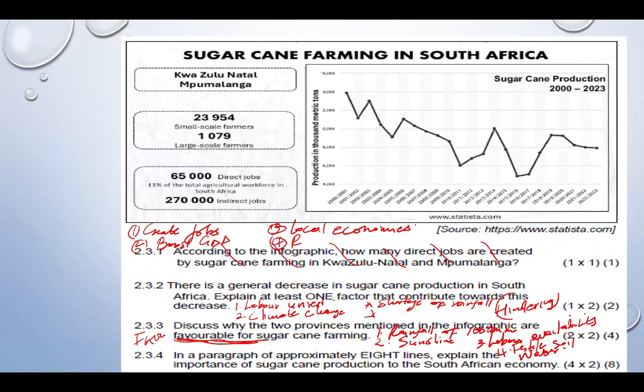It provides raw material for export, and because of raw material for export, what do we gain? We gain foreign earnings as a country. So this will be your economic importance of sugarcane farming in South Africa.